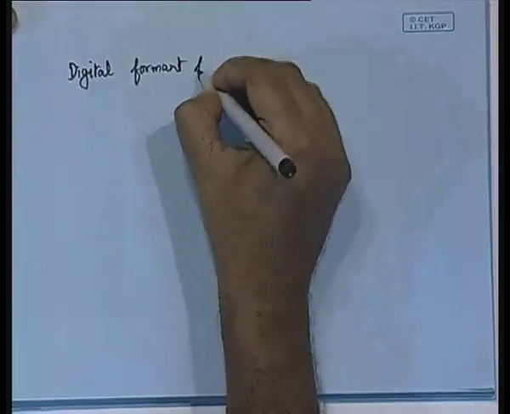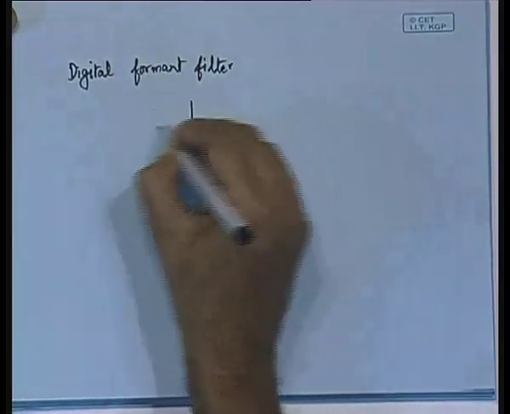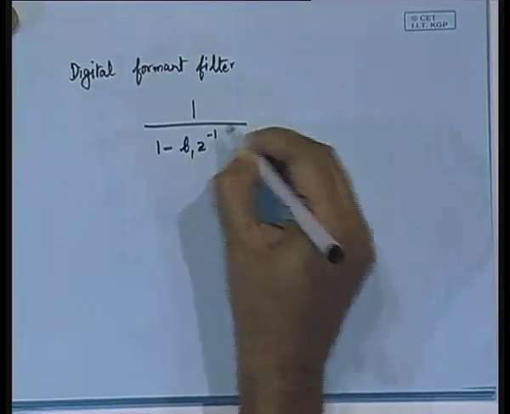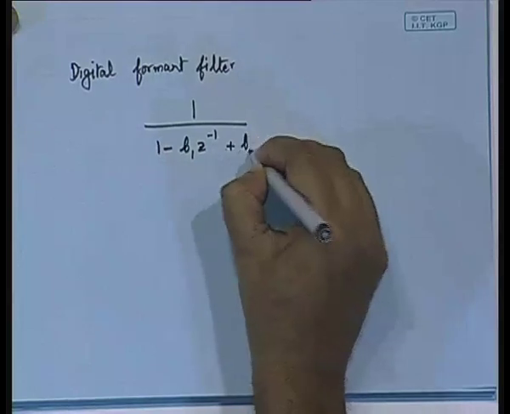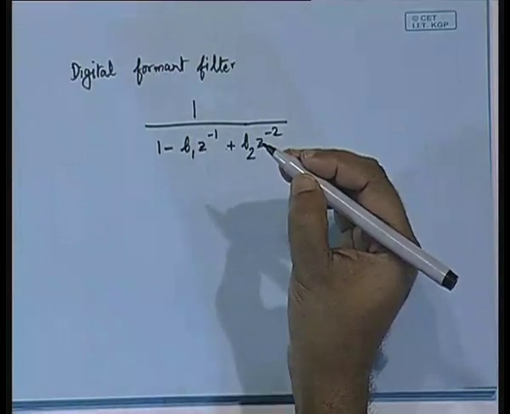The digital formant filter, we can in general model its transfer function as 1 upon 1 minus B1 z to the power minus 1 plus B2 z to the power minus 2. This is obvious because one pole means it will be 1 minus something, let us say 1 minus A into z to the power minus 1, and the other as 1 upon 1 minus B into z to the power minus 1, and multiply the two.